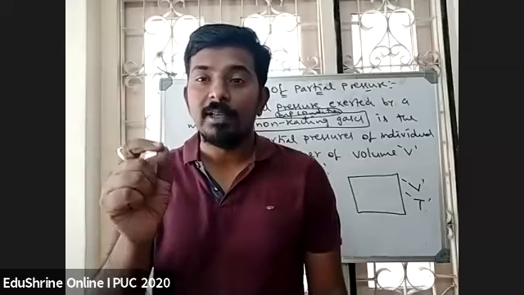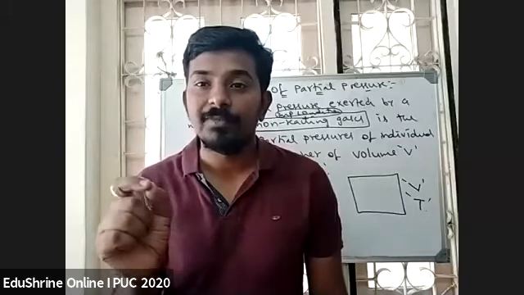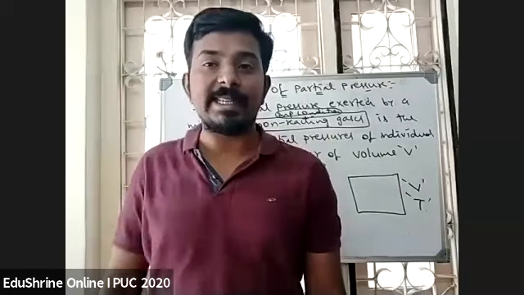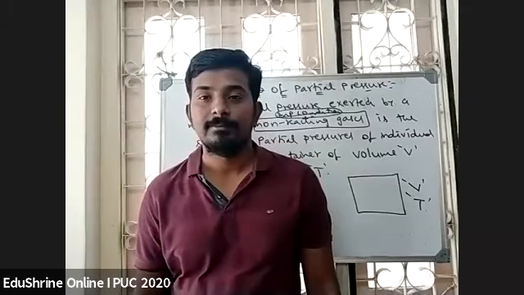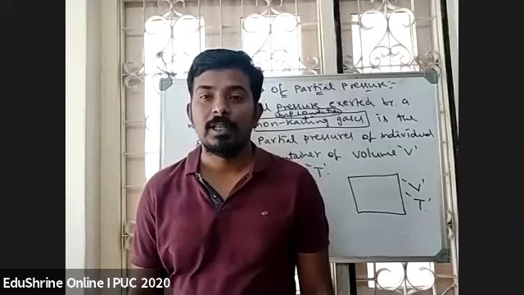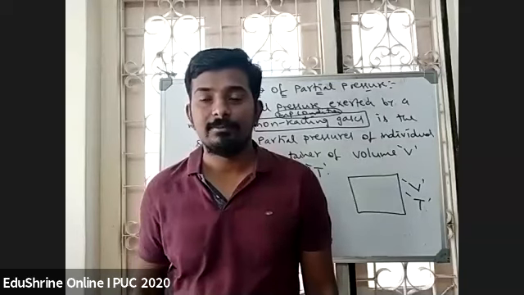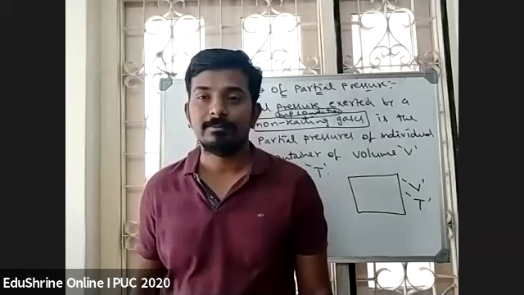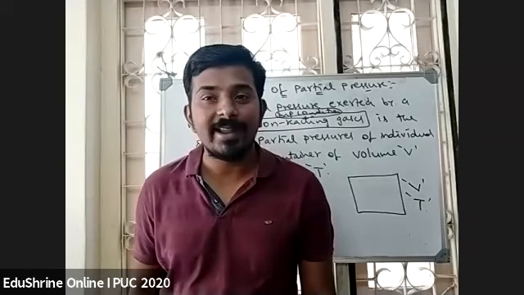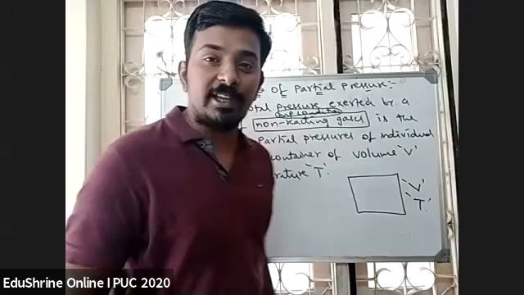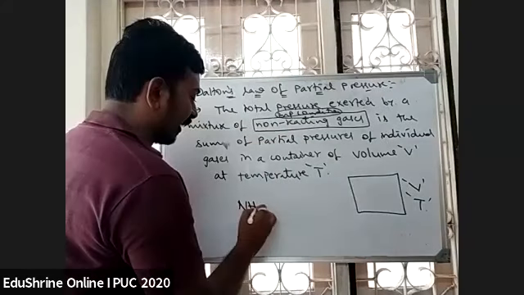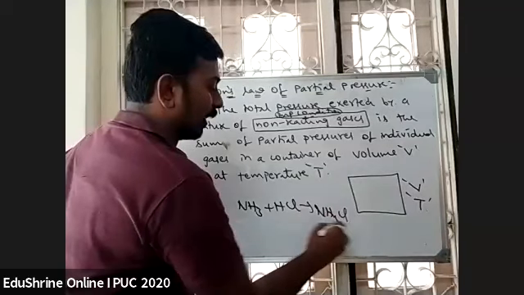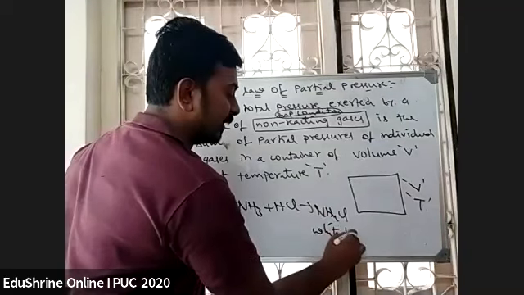Now tell me, can I apply Dalton's law for ammonia gas and HCl gas? I can't apply. Ammonia and HCl react at ordinary conditions to form ammonium chloride, which appears as white dense fumes.